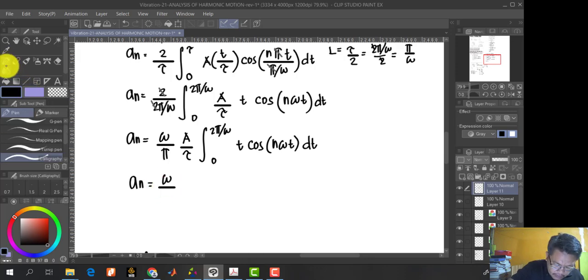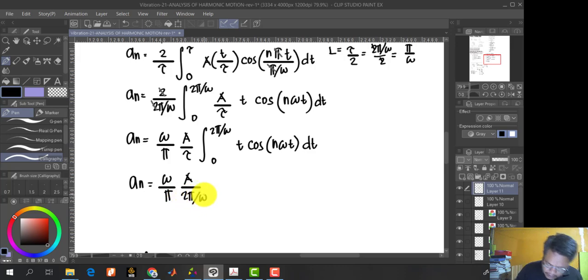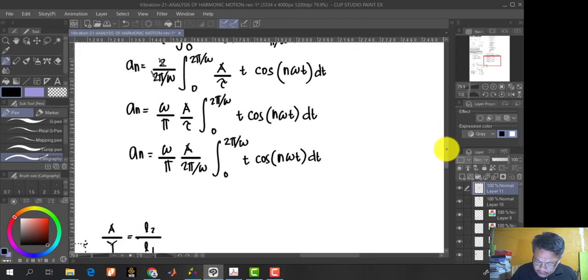So this will be my pi, no? And my amplitude. And express this one, yung value niyan, that will be 2 pi over angular velocity. Yeah? And this one, we have 2 pi over angular velocity. So boundary 0. So we have t cosine. You have your n, no? Angular velocity, time, and you have your dt. Okay? So that define that one.